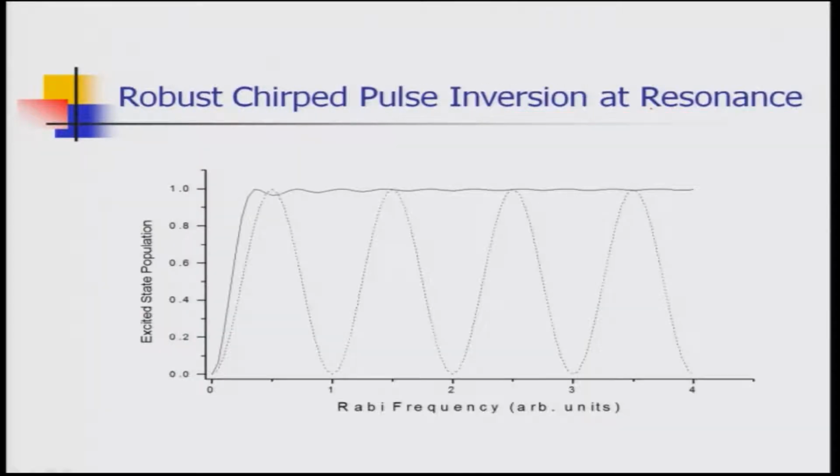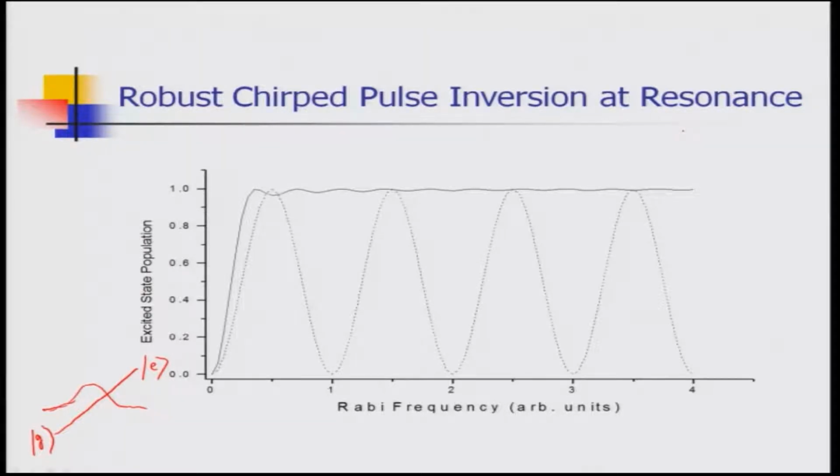On the other hand, when a system is interacting with a pulse such that, because of adiabatic sweeping of the applied field, the system follows the applied field to go from ground to the excited state, by the end of the pulse we end up generating robust chirp pulse inversion at resonance.